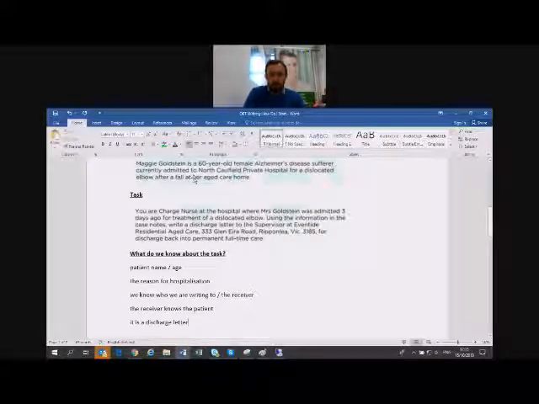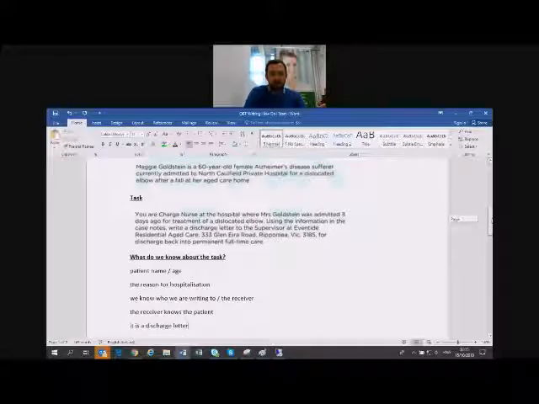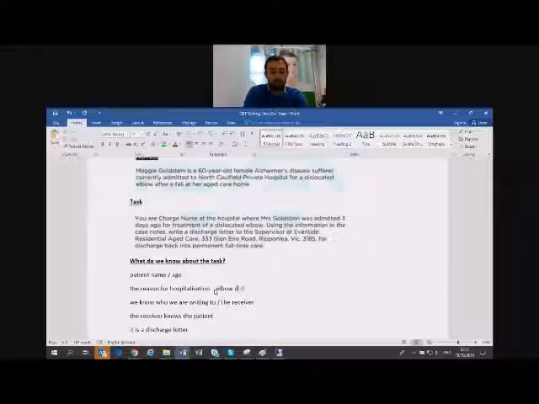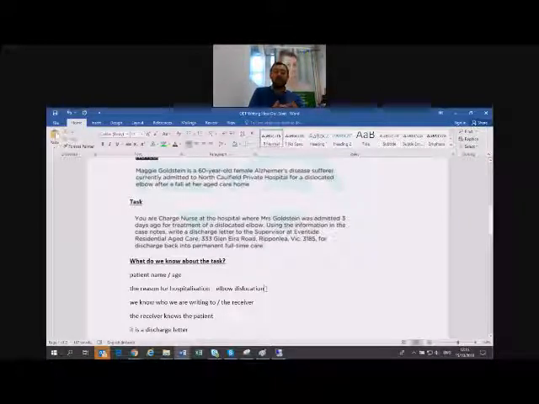So just by looking at these two, we found all this information out. I know what my task is now. I know I need to write a discharge letter about the elbow injury. I know it's a discharge letter for someone who's recovered from an elbow dislocation, and I know that the person I'm writing to knows the patient.